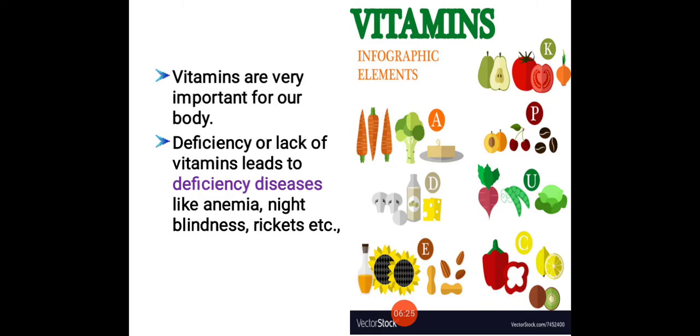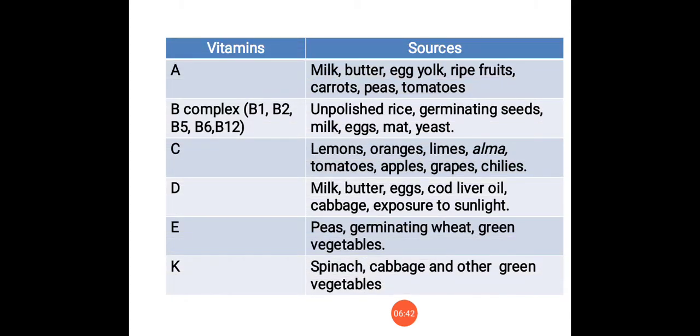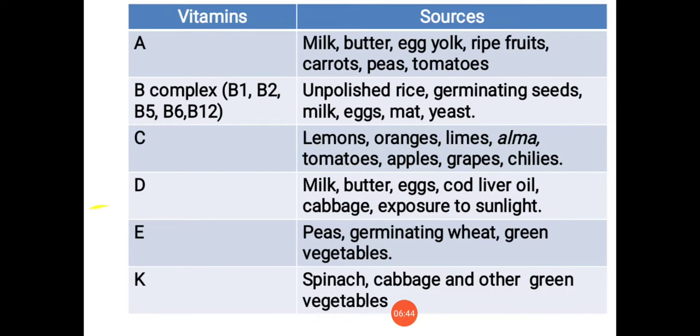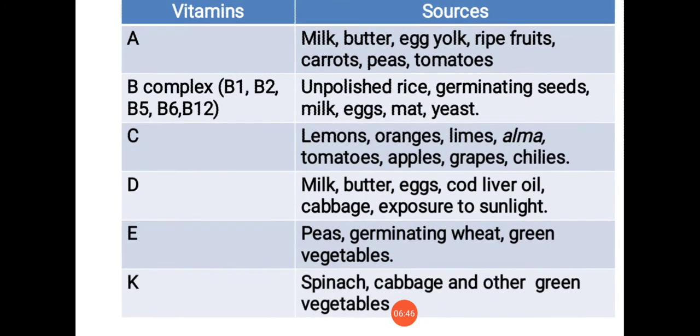The deficiency or lack of vitamins leads to deficiency diseases like anemia, night blindness, rickets, etc. Here, the sources of various vitamins are listed. Vitamin A we get from milk, butter, egg yolk, ripe fruits, carrots, peas and potatoes.